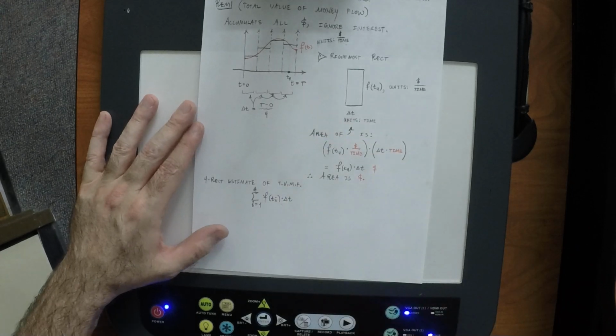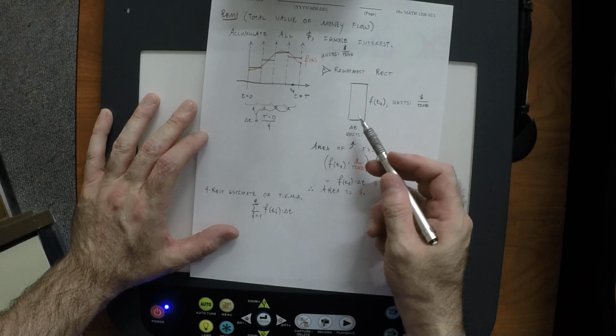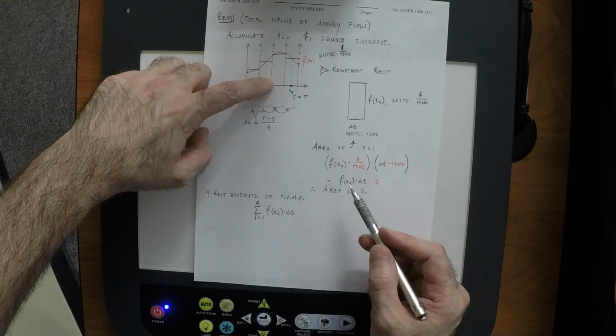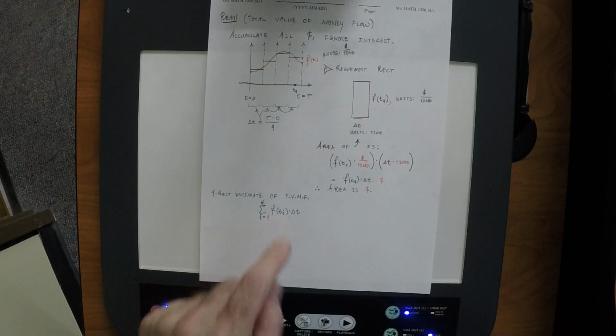Well, I didn't mention it, but I suppose it's obvious. This is just considering the rightmost rectangle. Can we agree that the amount of money in the rectangle right next to it is f of t3 delta t? Okay. So similarly here.